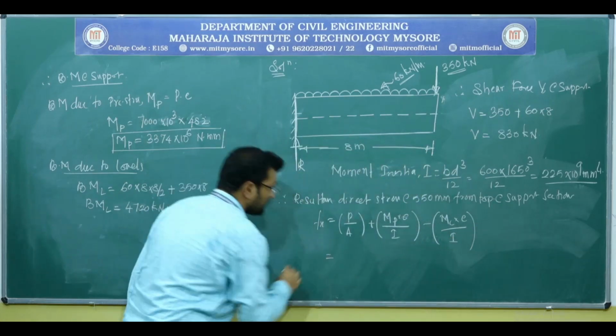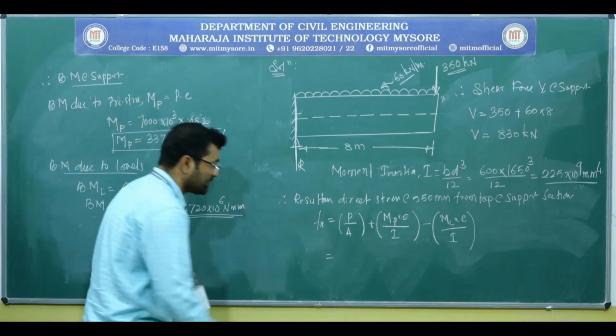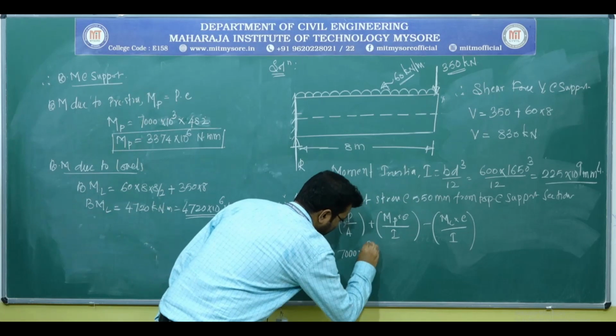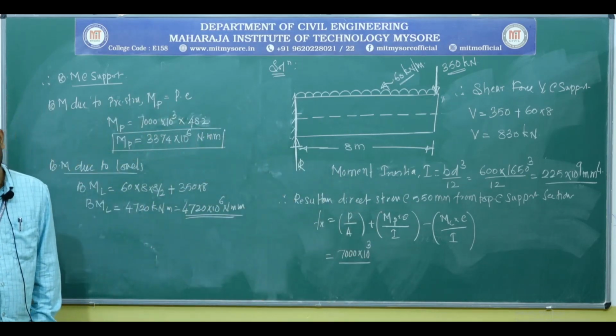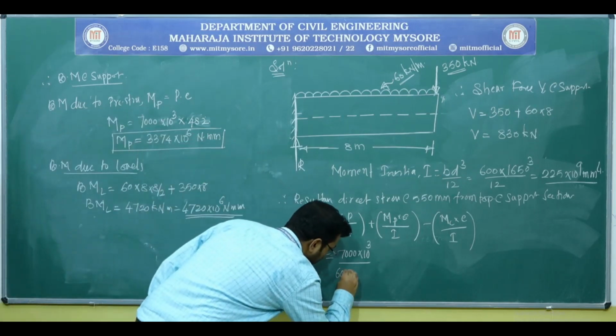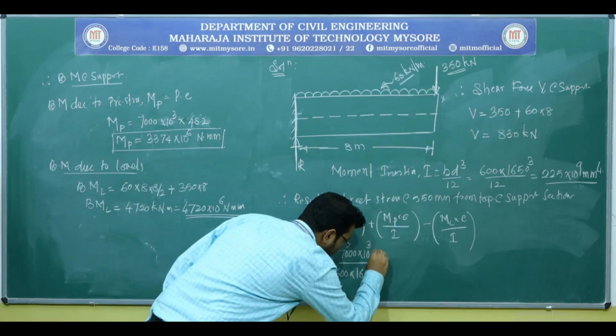If I substitute the values here, how much is the pre-stressing force? The pre-stressing force is 7000 kilonewtons, so 7000 into 10 to the power 3 newtons divided by the cross section area, 600 into 1650.